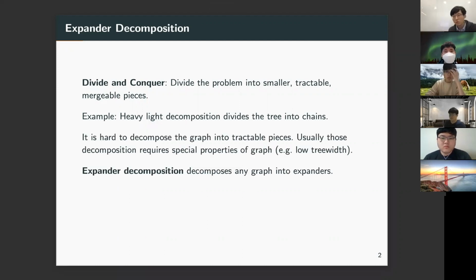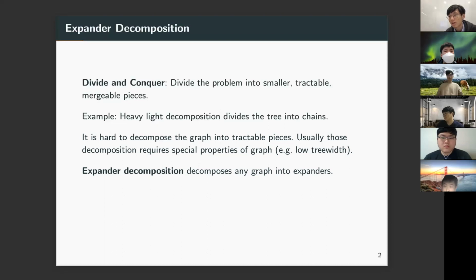When you're considering a path, you don't have a lot of pieces between them. When thinking about a tree, you have a lot of decomposition mechanisms, like heavy light decomposition, centroid decomposition, and so on. You have a lot of ways to decompose it. But a graph is not really decomposable. To decompose a graph, you require some special properties.